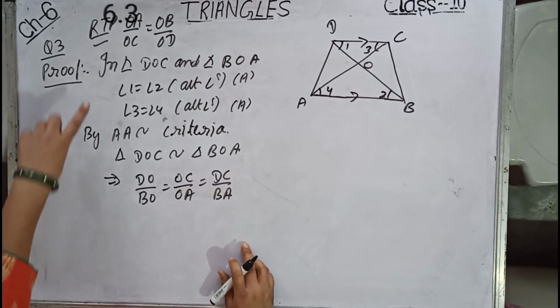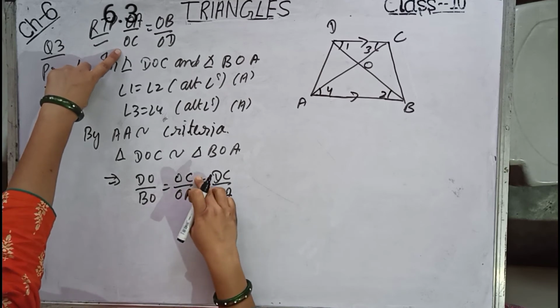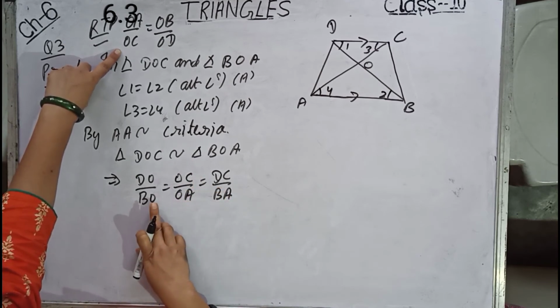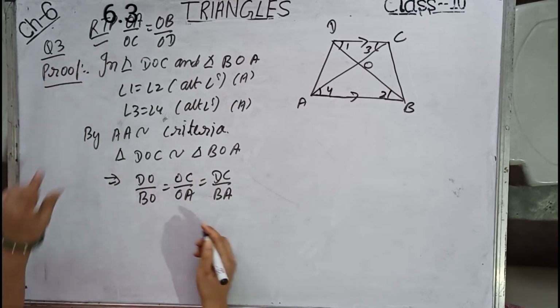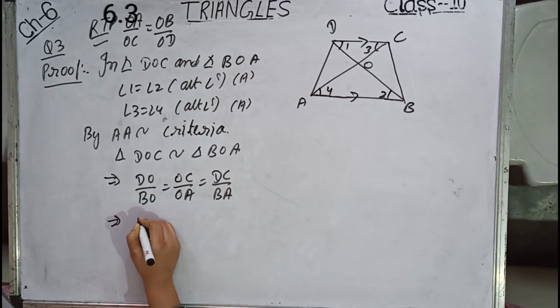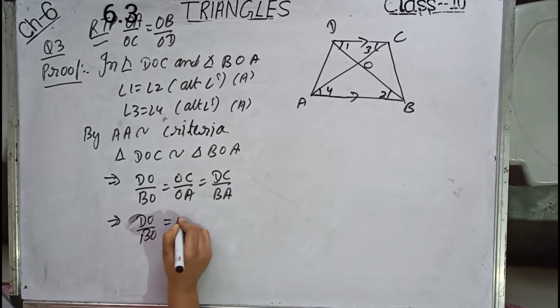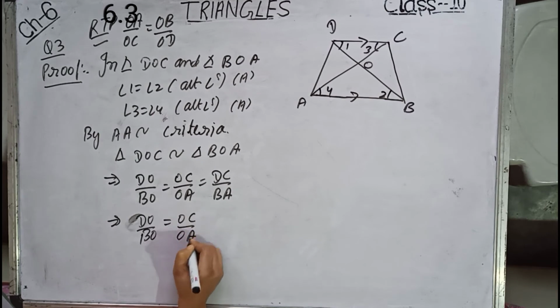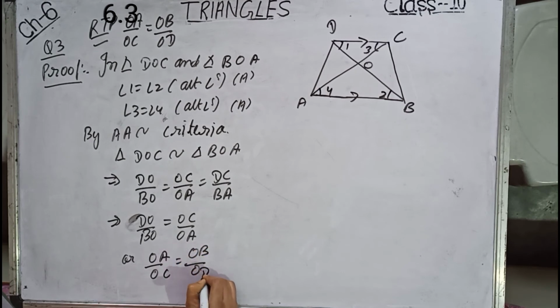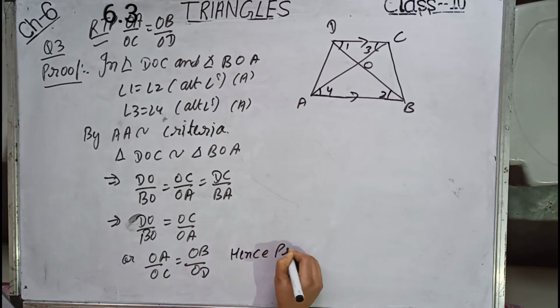Now what do I need? I need OA by OC equals OB by OD. So this implies, only these two I am writing: DO by BO equals OC by OA, or OA by OC equals OB by OD, meaning reversing and writing LHS RHS, and hence it is proved.